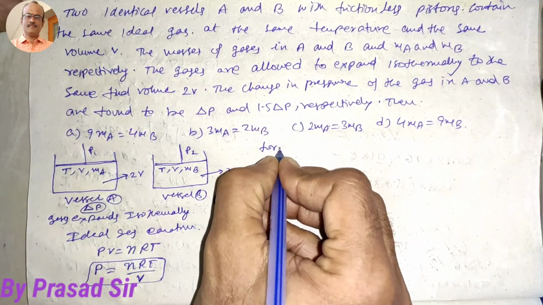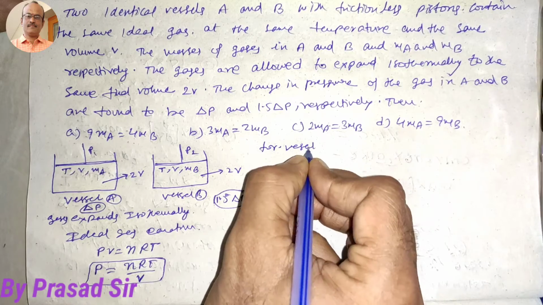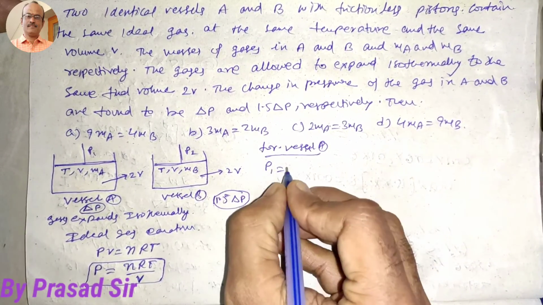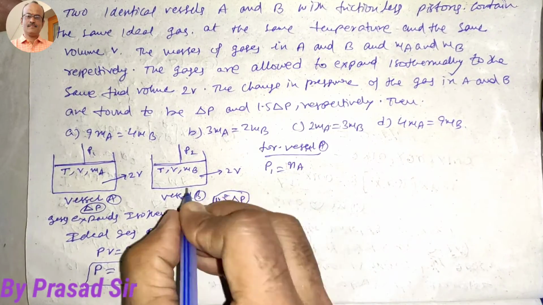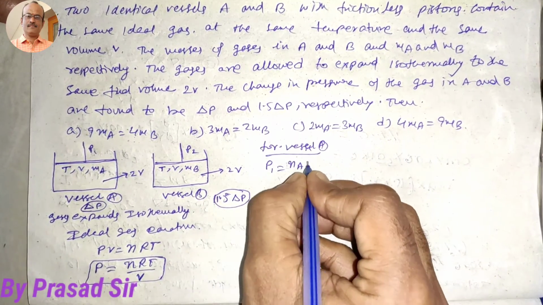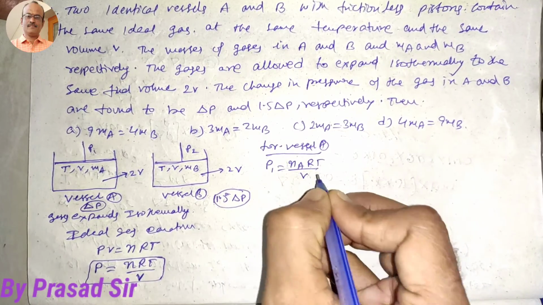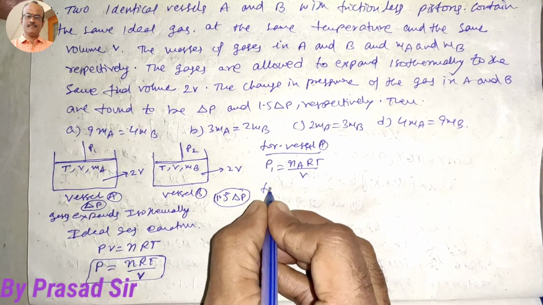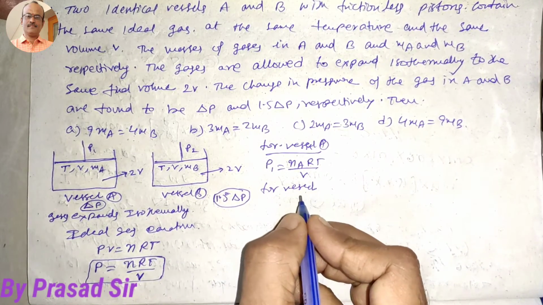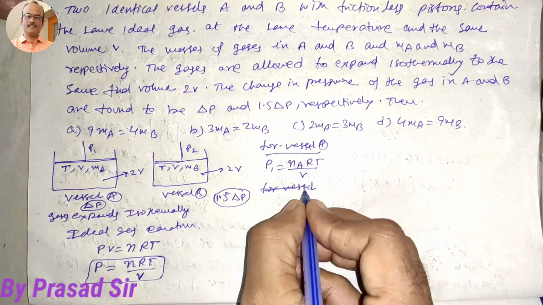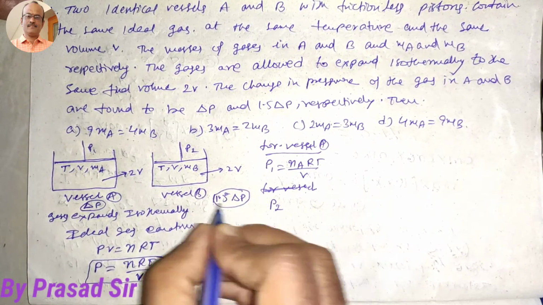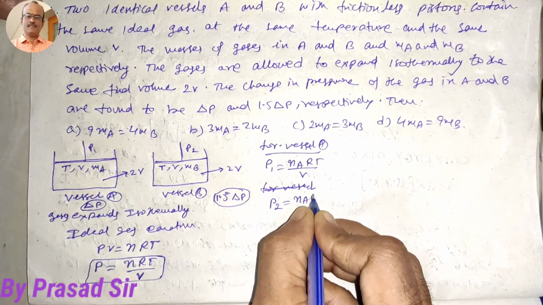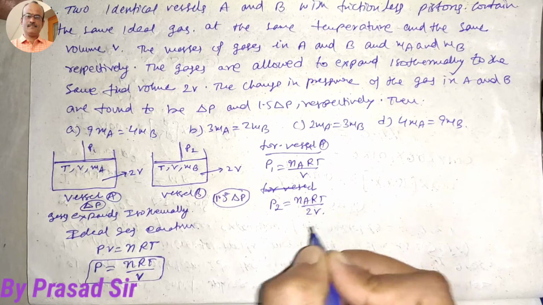So for vessel A, P1 is equal to the number of moles in A, Na, into R into T divided by volume V. Similarly, for vessel A only, after the change, P2 is equal to Na RT divided by 2V.